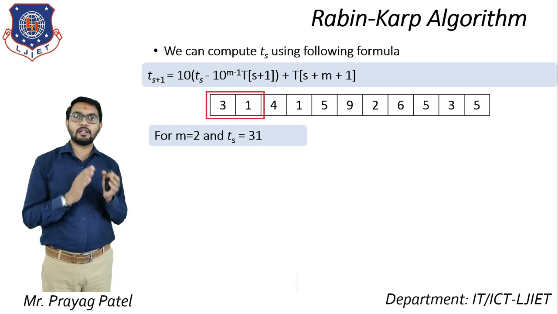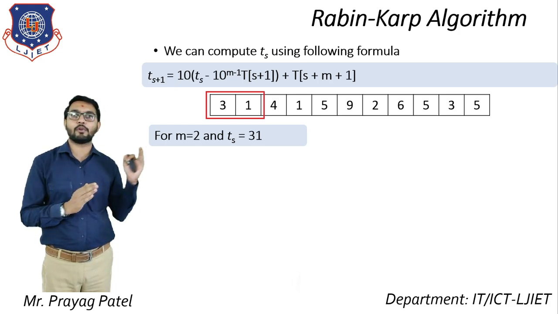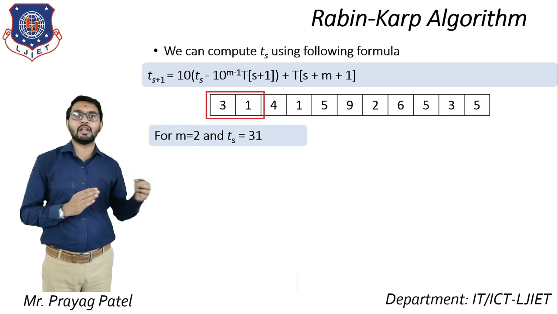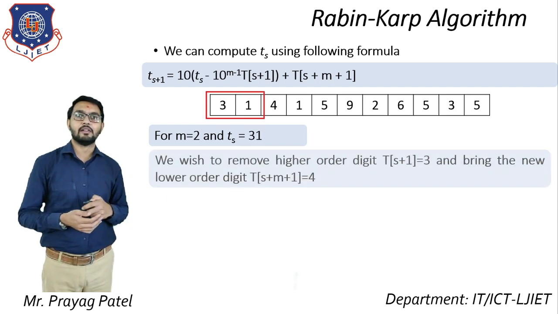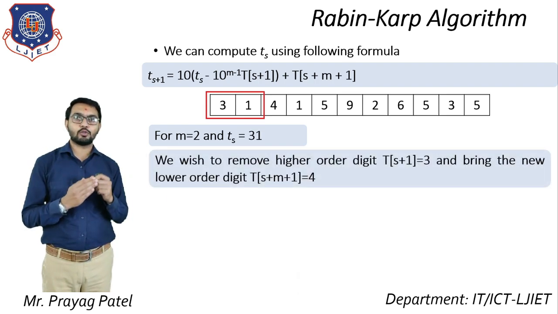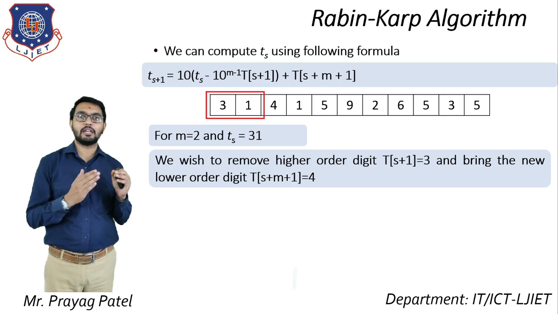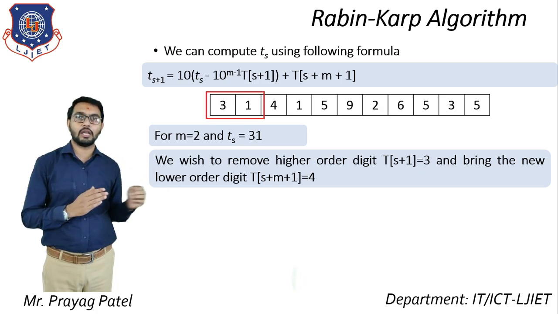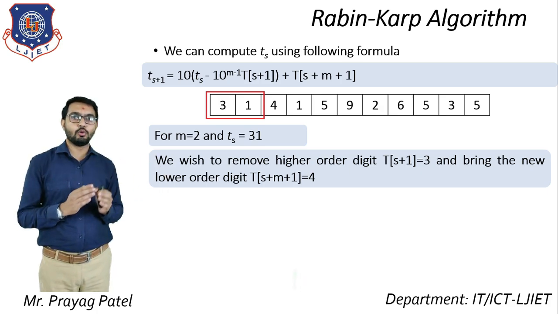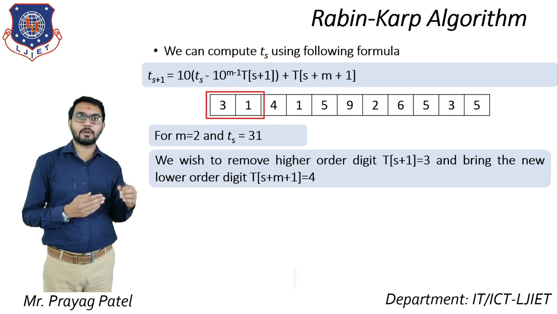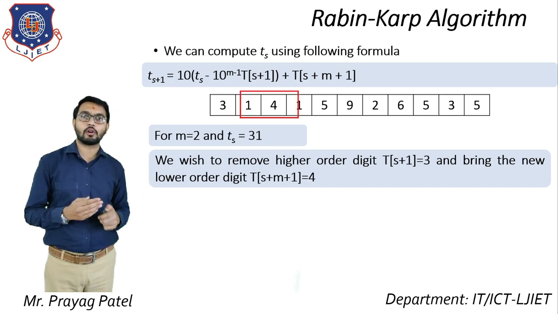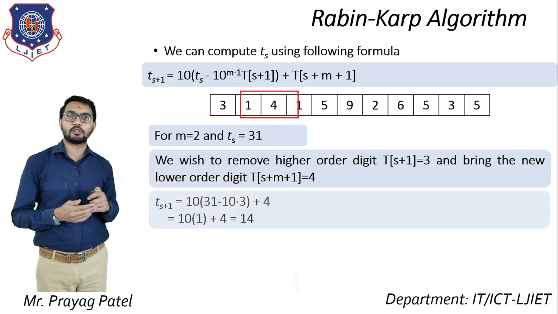For that we remove the first element 3 from this list and add one element, 4, on the right side. So here we wish to remove the higher-order digit T S plus 1 equal to 3 and bring in the new lower-order digit T S plus m plus 1 equal to 4. That's why we perform this operation.